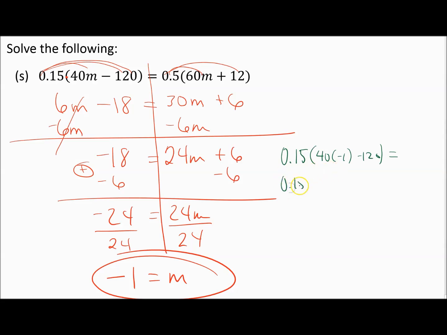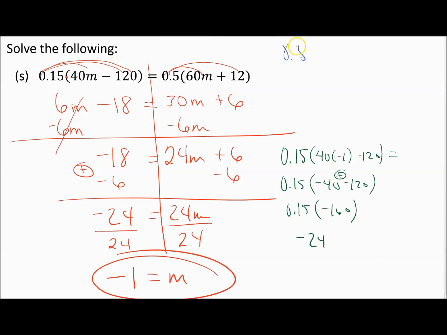So 0.15, 40 times negative 1 is negative 40, subtract 120, so that's 0.15 times, negative 40 minus 120 is negative 160. I use that little plus in the middle there. And then 0.15 times 160 is 24, and a positive times negative makes that negative 24. That's the left.